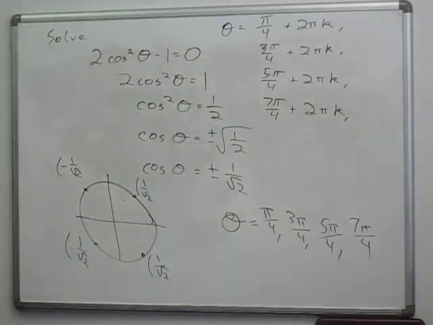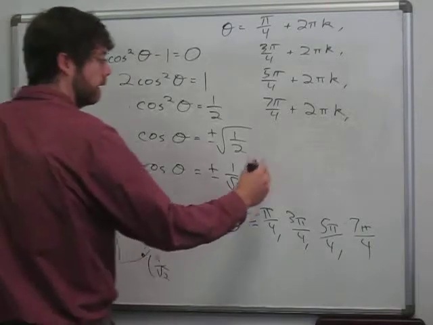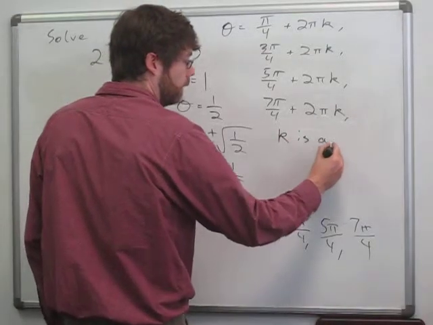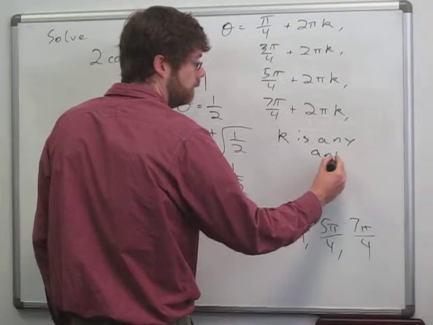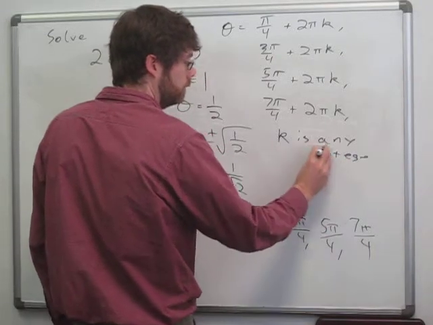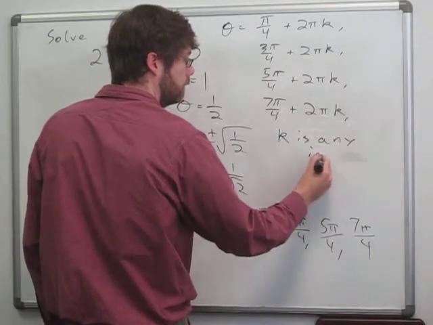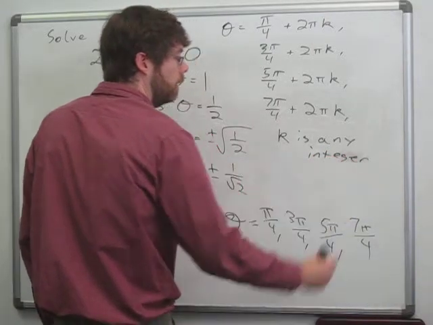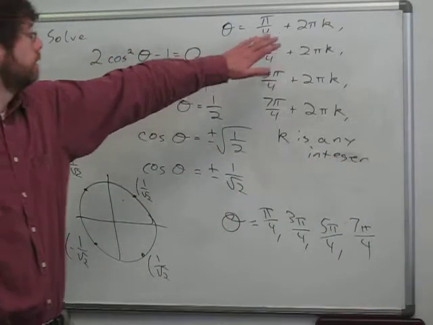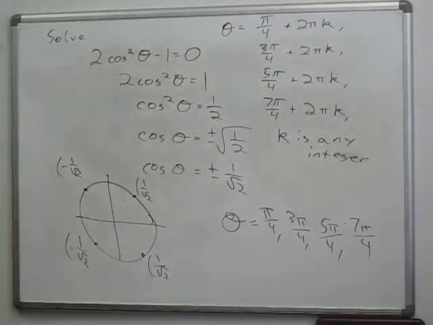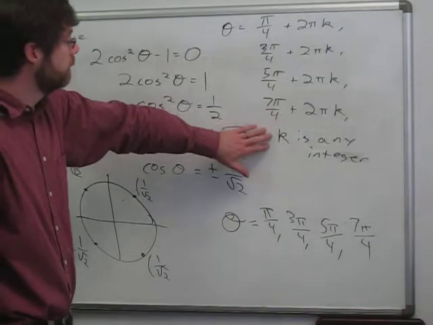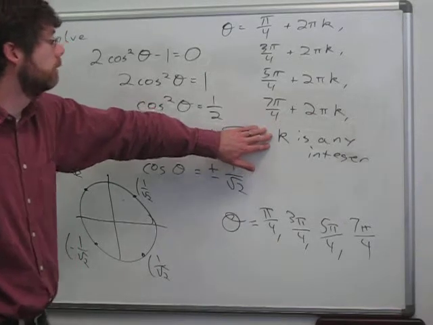And so we would add 2 pi k to all of these thetas, and of course, when we say k is any integer, then we end up saying that we can add or subtract any multiple of 2 pi from these values and get a solution to this equation. Right? So this is one way to express the solution with no restrictions.